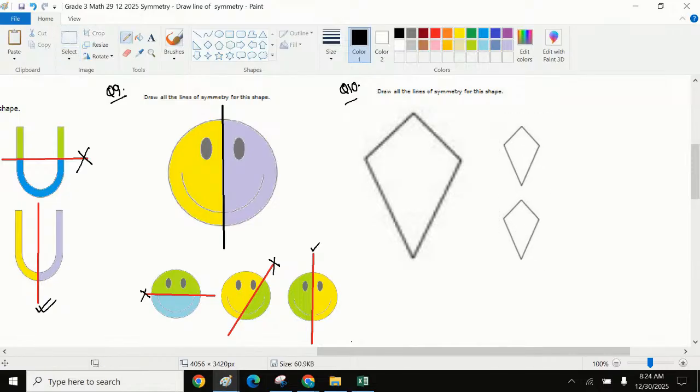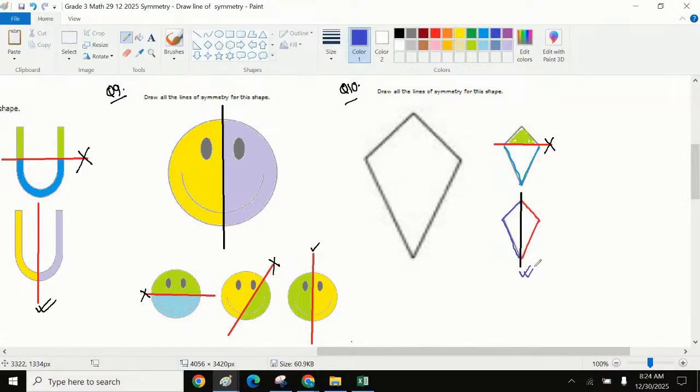In case of a kite, if we draw a horizontal line passing through this point, what we can say is the triangle above the line is not exactly the same as the triangle below, right? That means the horizontal cannot be a line of reflection. But if we draw a vertical over here, can we say that the shape on the right side of the line of symmetry is exactly the same as on the left side?